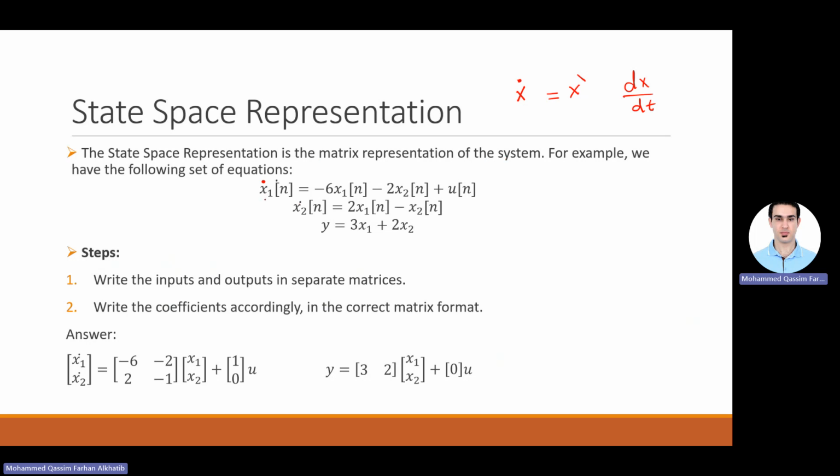So this system here is represented in a matrix representation. We have x1 prime equal negative 6x1 minus 2x2 plus u of n. And you have x2 prime equal 2x1 minus x2, and you have y equal 3x1 plus 2x2. Now, from this one, we can represent it into state space representation by two expressions. With the state space representation, we will be dealing with matrices.